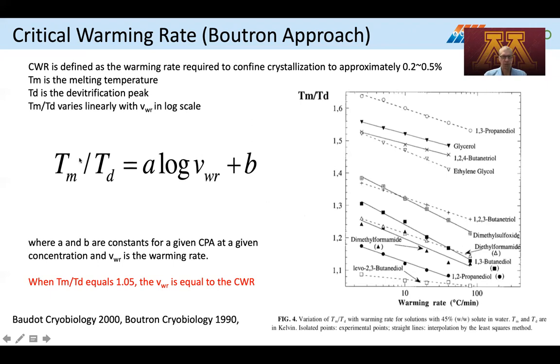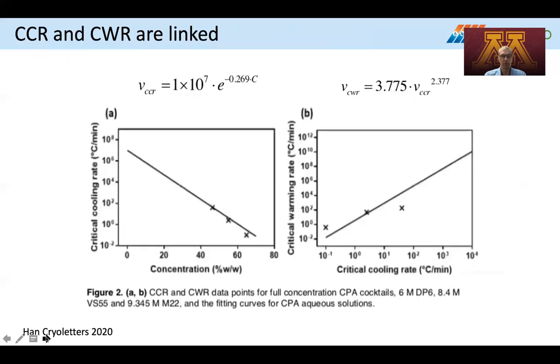And so this is, again, another approach where A and B are constants for a given CPA at a given concentration, and there is some DSC data analysis needed. But these are the approaches that Boutron and others have used in the literature to get critical cooling and critical warming rates. They're important because they're telling you, basically, I can cool at a rate fast enough to avoid ice on the way down, and then I can warm at a fast enough rate to avoid it on the way back up. And you need to worry about it for both cases.